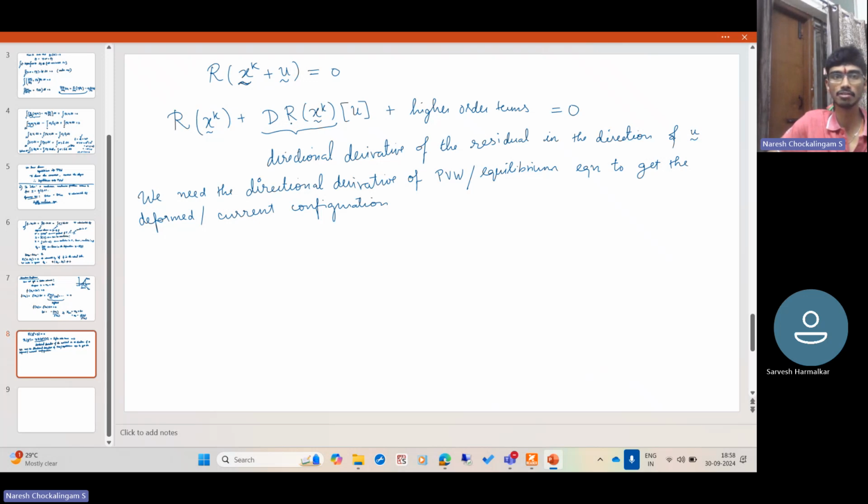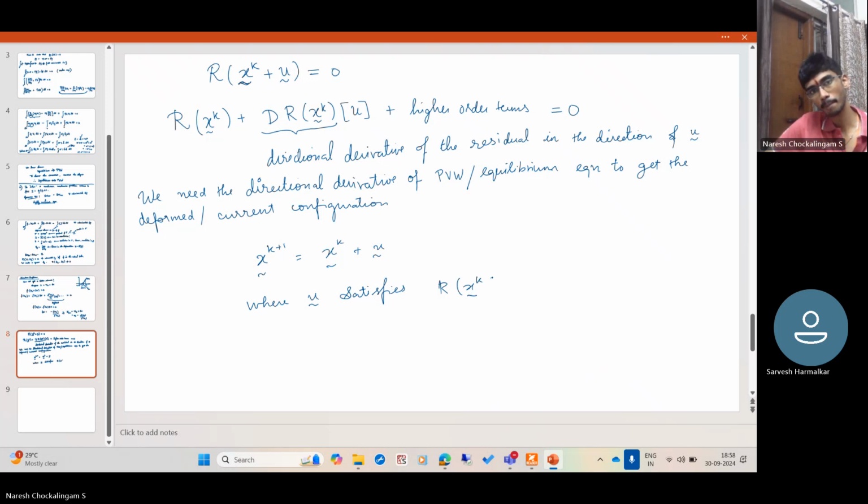So the iterative scheme is what? The iterative scheme you get by this. So the iterative scheme will be xk plus 1 is xk plus u, where u satisfies r of xk plus the directional derivative of r at xk in the direction u is equal to 0.